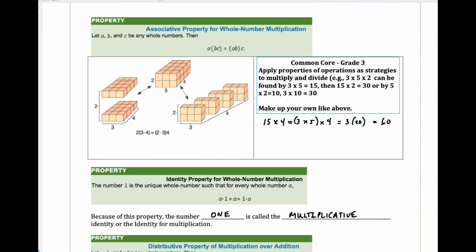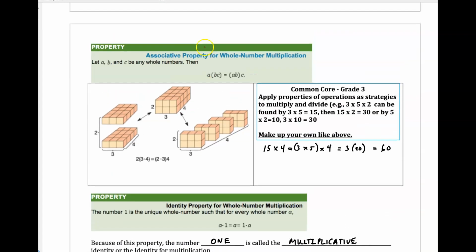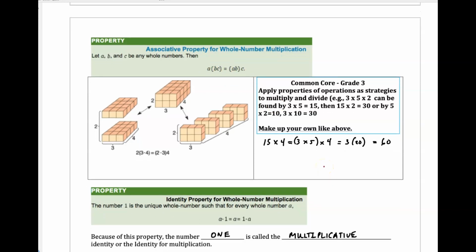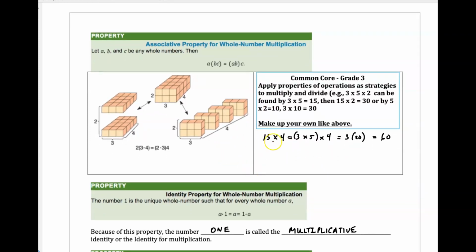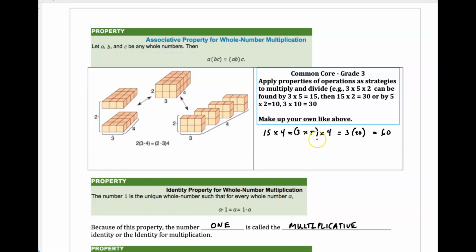The last properties you want to be aware of for multiplication are the associative property, that you can rearrange the multiplication problem. A times B times C can be A times B first, times C. We end up using those for thinking strategies. For example, 15 times 4 can be 3 times 5 times 4, using the associative property.